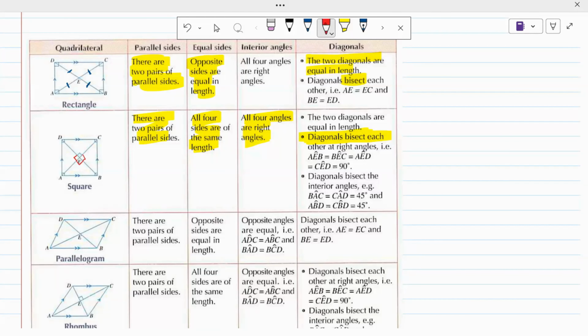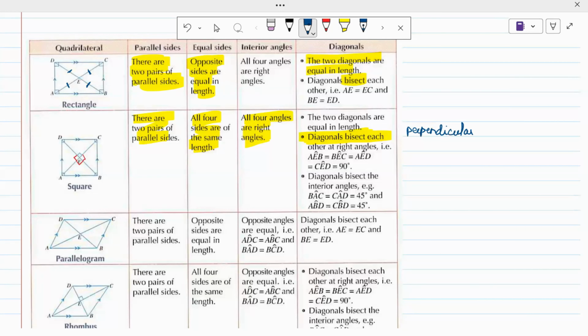Intersecting at 90 degrees means they are perpendicular bisectors of each other. Because they are bisecting and at 90 degrees, you can also say that the two diagonals are perpendicular bisectors of each other. That means you can also apply the properties of coordinate geometry here, since coordinate geometry is all about the geometry of different shapes.